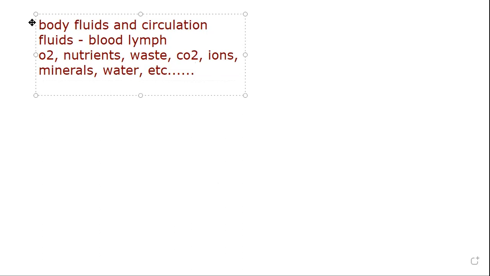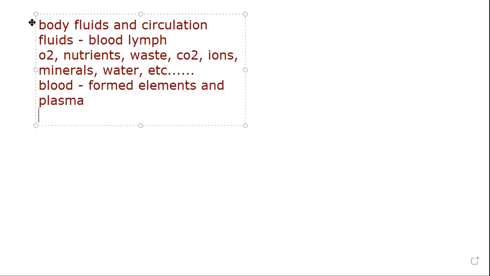So what is blood made up of? Blood is made up of formed elements and plasma. Which are the formed elements that we observe in our blood?